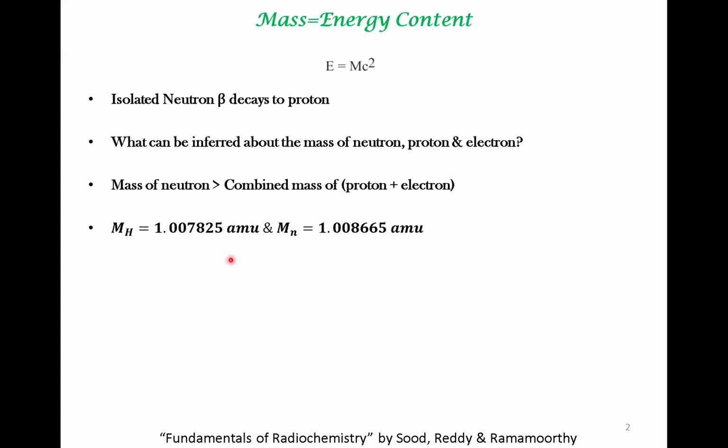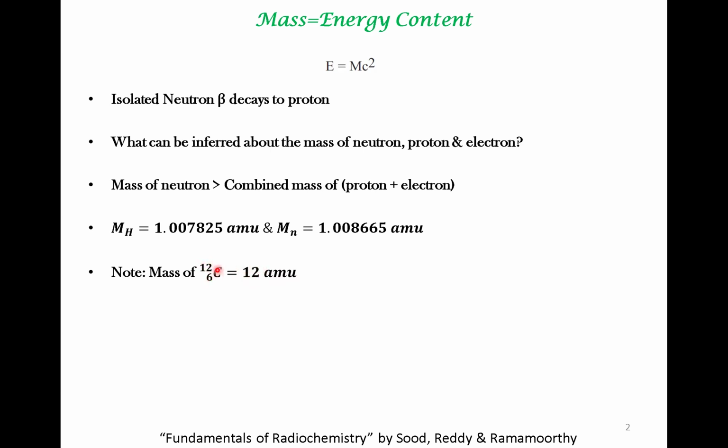To answer this, you first have to understand that the mass of carbon 12, that is carbon with 6 protons and 6 neutrons, is defined as 12 atomic mass unit. So this is an integer.